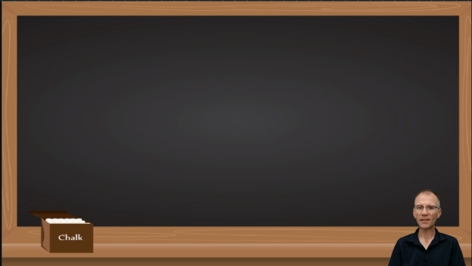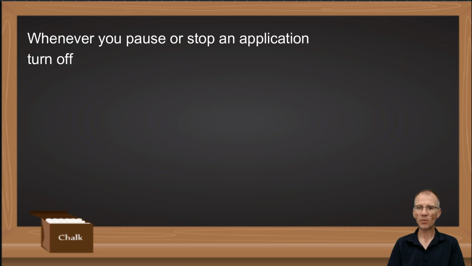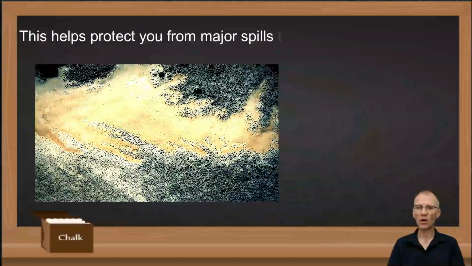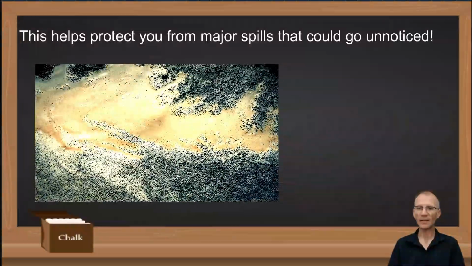Obviously, common sense, we're not going to spend a lot of time on this. Whenever you pause or stop an application, turn off the spray equipment. Do not allow it to keep running. Do not put yourself in the position where you can have a leak, you can have a hose blow off and you've walked away. This doesn't make any sense at all.